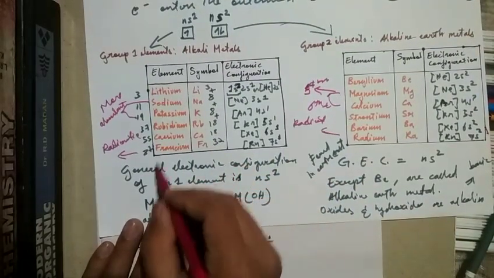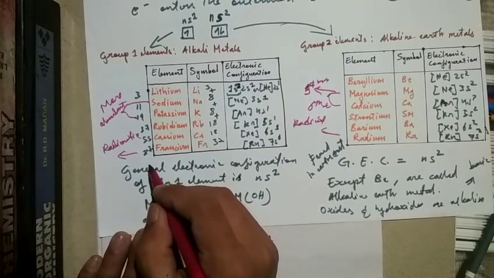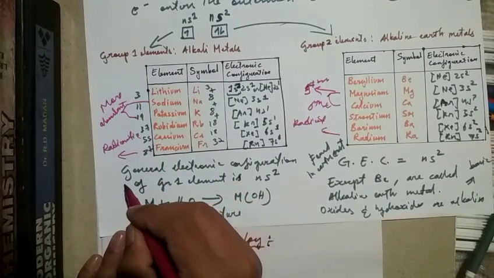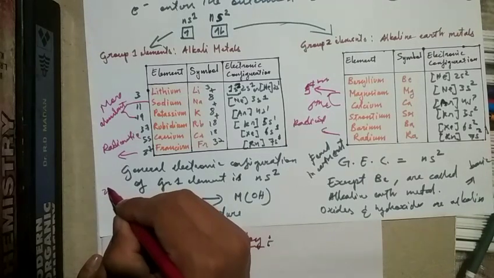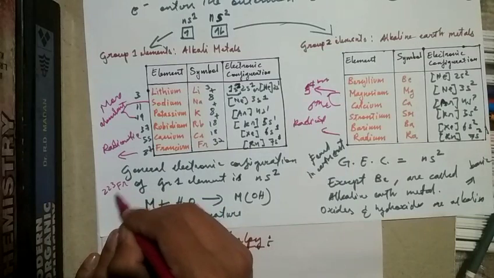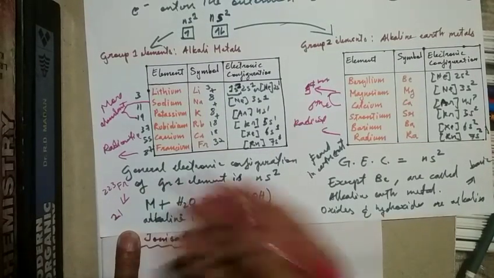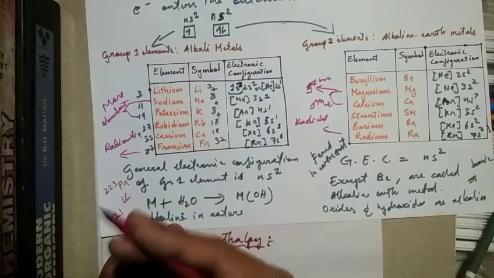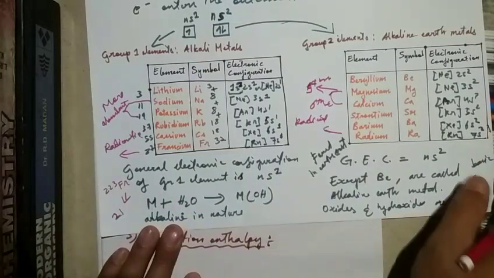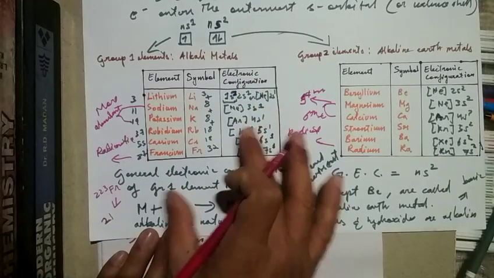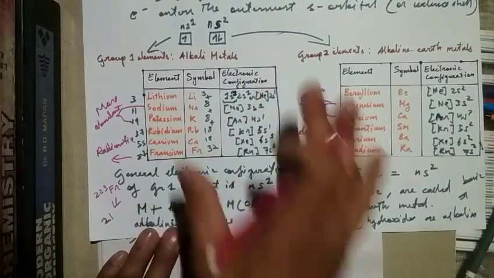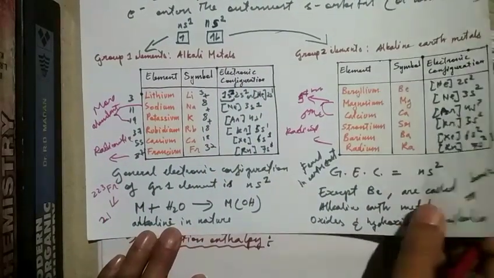Francium has an isotope, 223, with a half-life of 21 minutes, so it will decay within 21 minutes. So that is the general introduction of s-block elements.